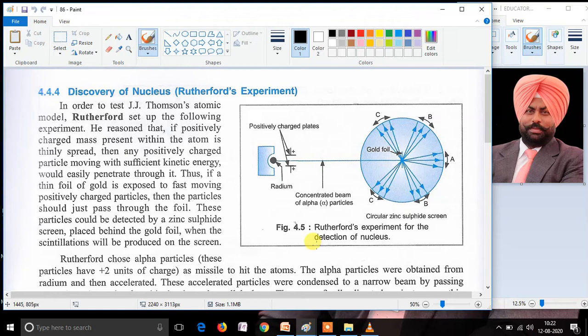For this, Rutherford conducted an experiment using a radioactive substance from which positively charged particles were emitted. Let's see the experiment in the video.